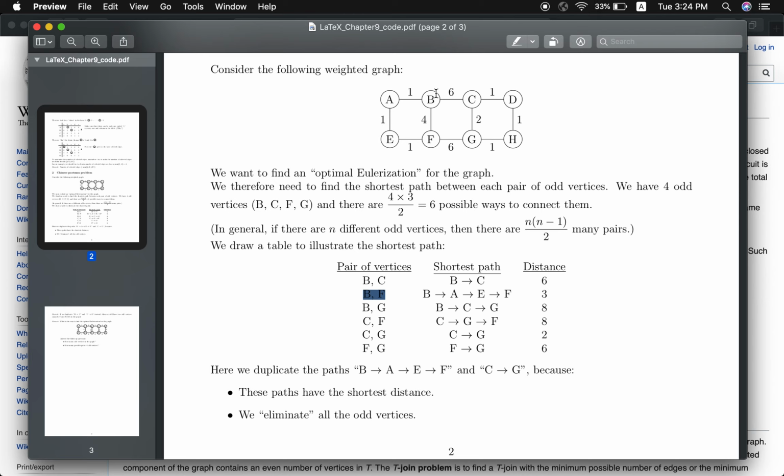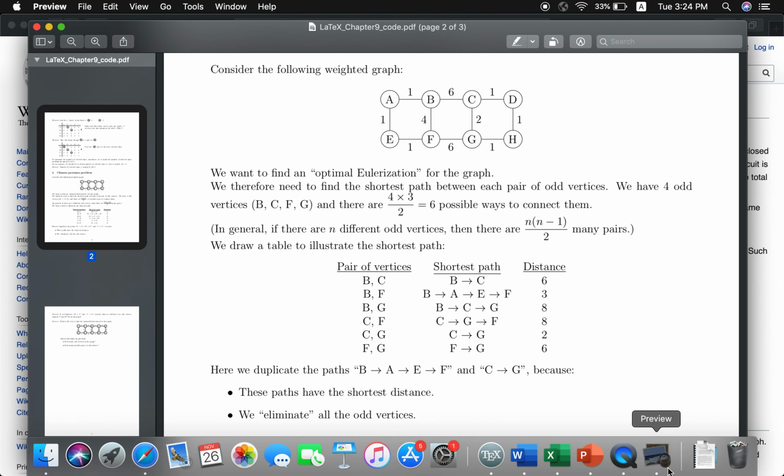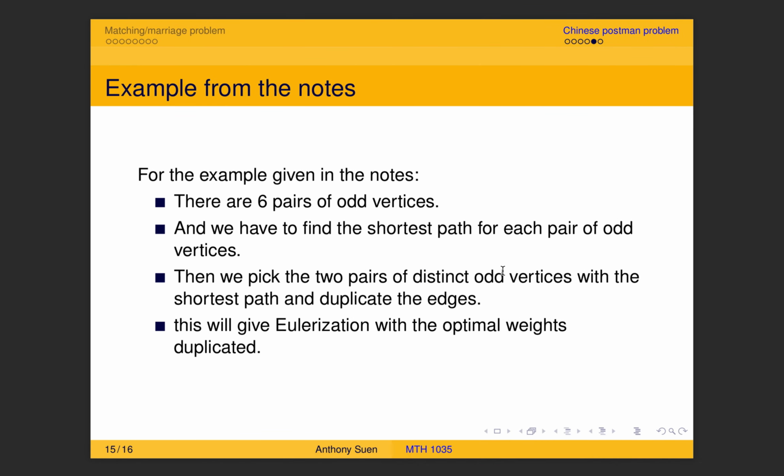That means you cannot pick paths which have some common vertex. Here B is the common vertex, right? Otherwise, you are not changing anything on the degree in terms of even and odd. So you have to pick the paths with distinct odd vertices.